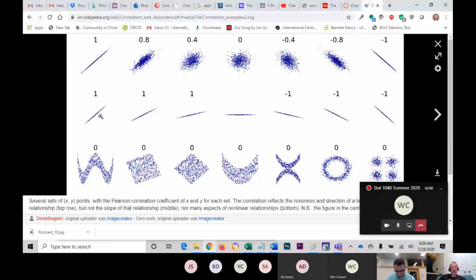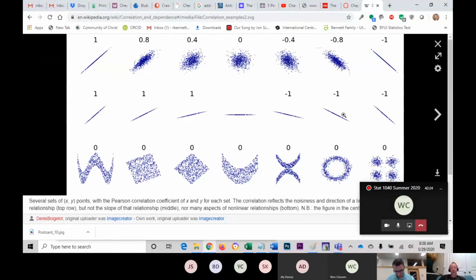So these three on the right are positively correlated, perfectly correlated, 1 versus 1. And on the left side, -1, these are all in the negative direction. These are positively correlated because it goes from low to high, low to high, low to high. And then these go from high to low, high to low, high to low. These are all negatively correlated.